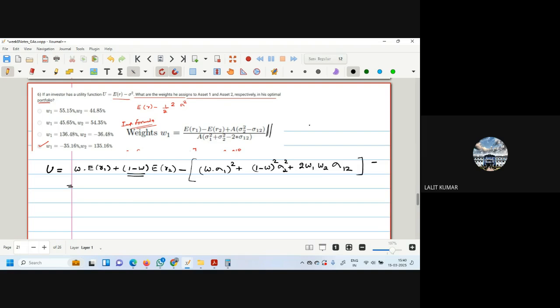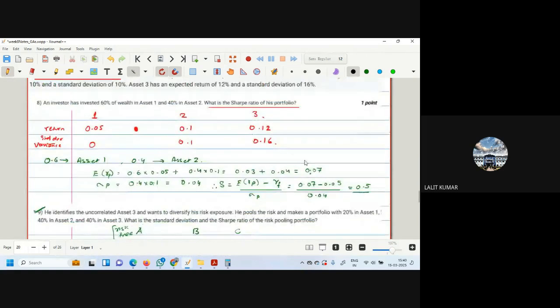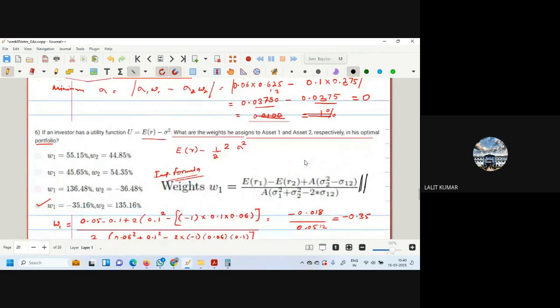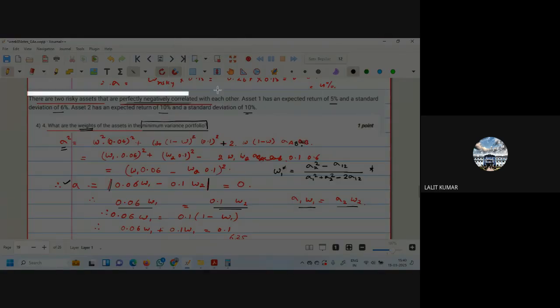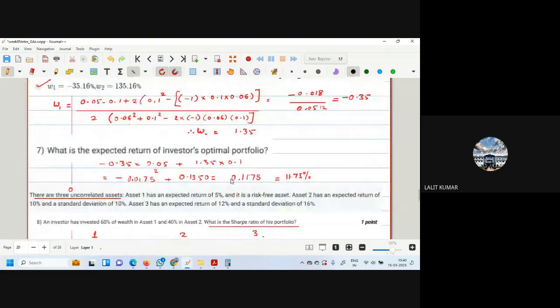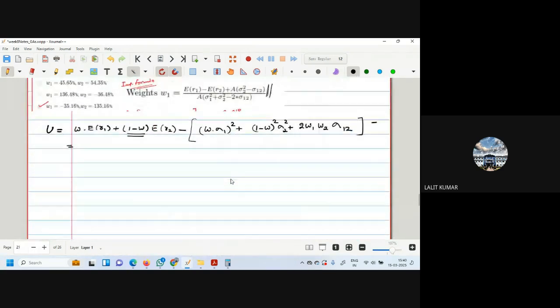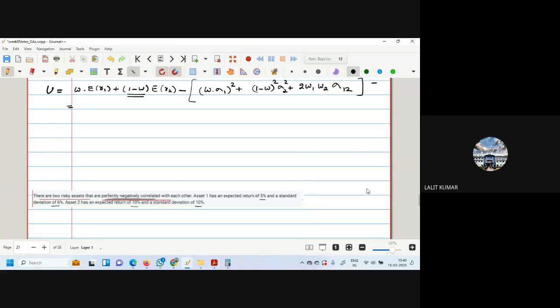I know these values, so this will become 0 point something. Just hold on, I'll take these values from here. So these are the values.